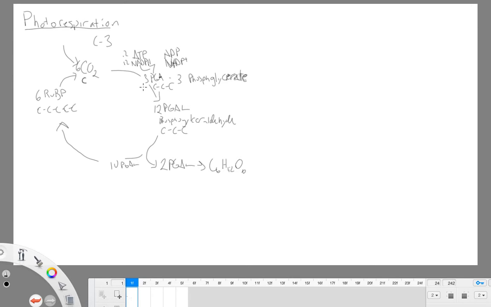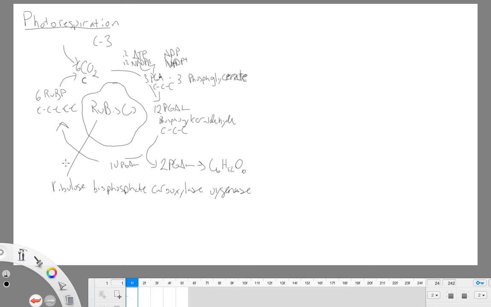C3. Now, I also didn't bring up the enzyme that allows this whole process to occur. And that enzyme is called Rubisco, right? And the actual full name of this, just so you know, is ribulose bisphosphate carboxylase oxygenase.